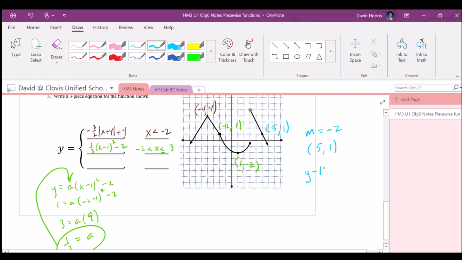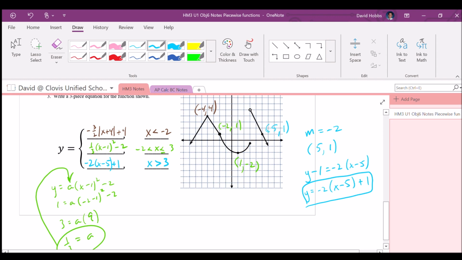So y minus 1 equals negative 2 times x minus 5. We want it in y equals form, so y equals negative 2 times x minus 5 plus 1. Now, it's fine like this. Don't write the y equals, because the y equals is already there. Negative 2 times x minus 5, plus 1. And that's for the domain values x greater than 3.